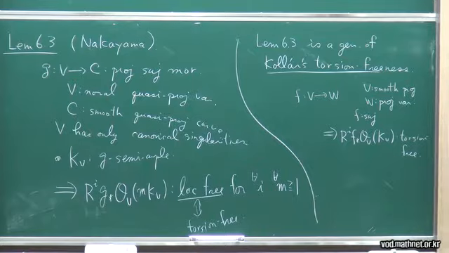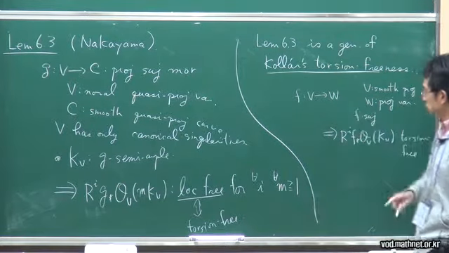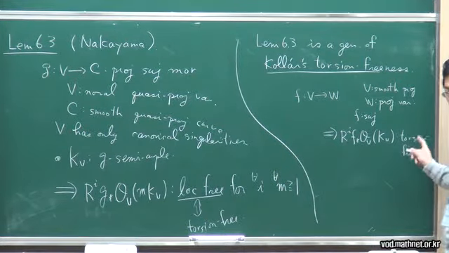If W is a smooth curve, then this is locally free.